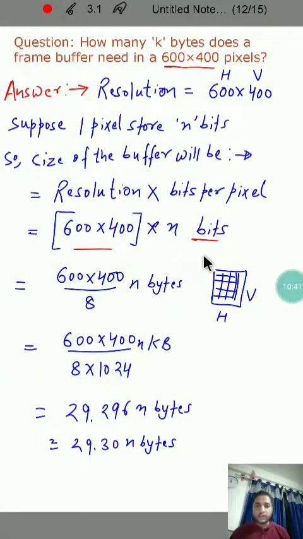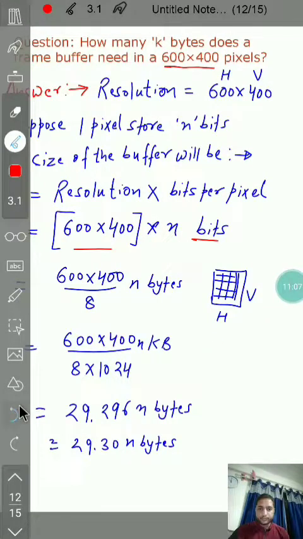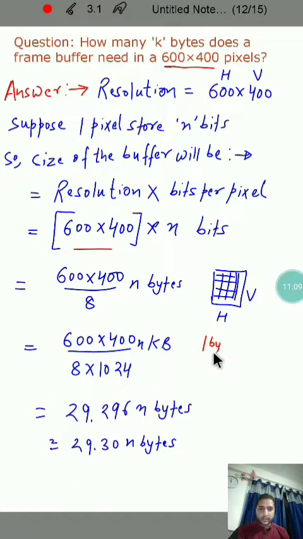Now we have been asked to find how many kilobytes, how many kilobytes does a frame buffer need in order to store this resolution. Now in order to convert these bits into bytes, as you know, 1 byte is equal to 8 bits.